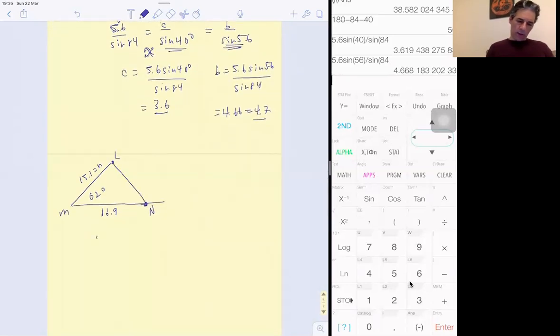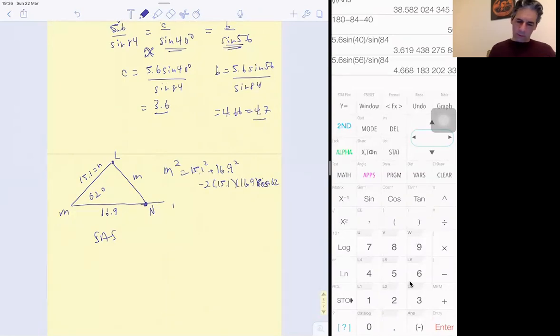So now, what do we have? Well, we have two sides and a contained angle. So to solve for m, it's just the cosine rule. Okay, so m squared would be 15.1 squared plus 16.9 squared minus 2 times 15.1 times 16.9 times cosine 62.